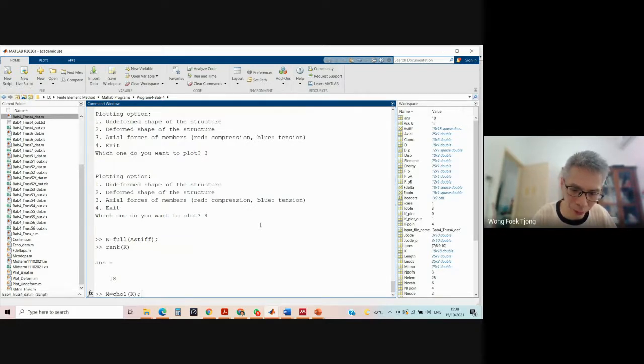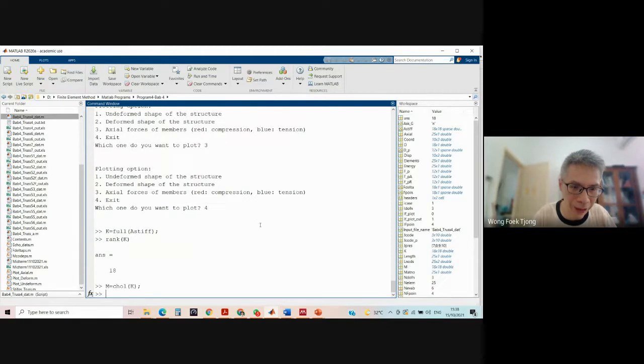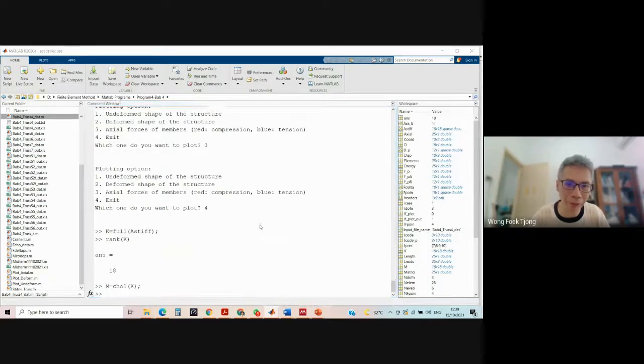No need to see the results. Okay, it works. If MATLAB can perform Cholesky decomposition, it means the matrix is positive definite. Otherwise there will be an error, right? Because Cholesky decomposition is like taking a square root. We can only take the square root of a positive number. For a matrix, we can only take the square root, just like Cholesky decomposition, if it is positive definite. Okay, any questions so far?